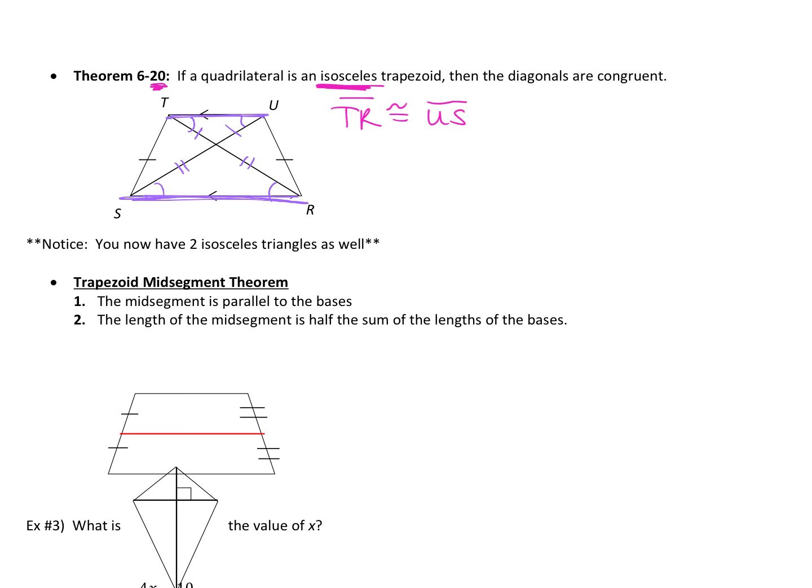The other thing to notice is these 2 triangles, while they're not isosceles, they are identical. Sorry, I should have marked that with 3 because it's not the same as the leg. So you have 2 identical triangles inside, and then you have two isosceles triangles as well. So the top and the bottom, or the ones that are in contact with the bases, are isosceles. The two that are not in contact with the bases, the two that are on the legs, are identical to each other. Okay?